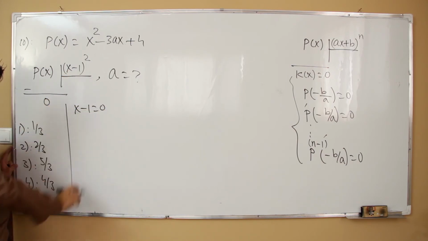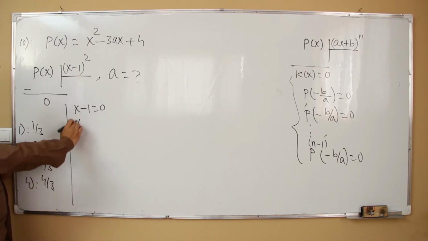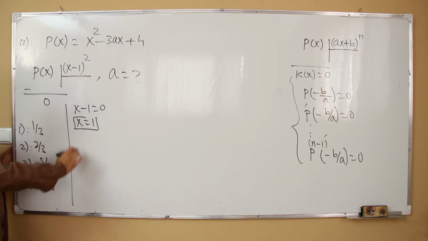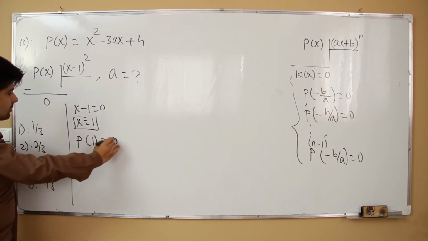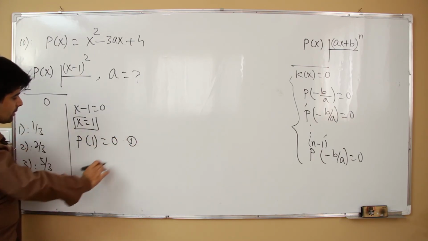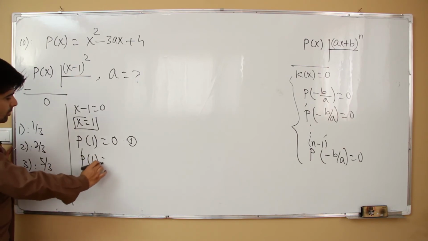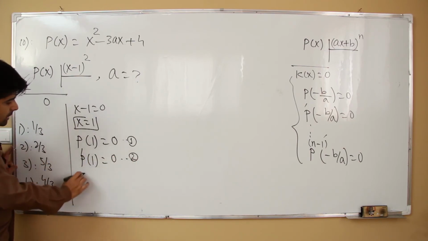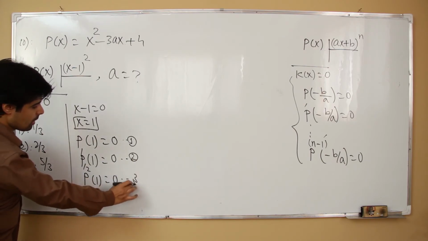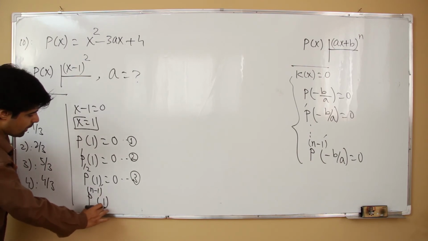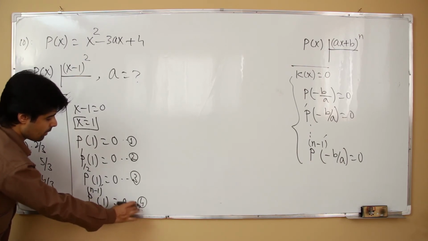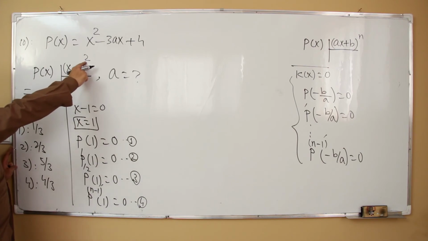X minus 1 should be equated to 0. X is 1. Then P(1) is 0. This is the first. P prime(1) is also 0. P second prime is also 0. Up to where? Up to P^(n minus 1) prime(1) is 0. Now, what is n? N is 2.